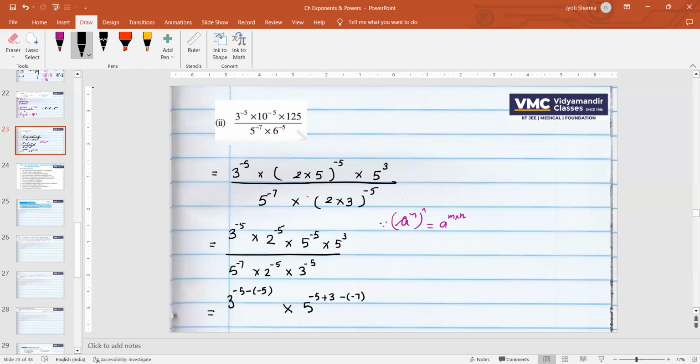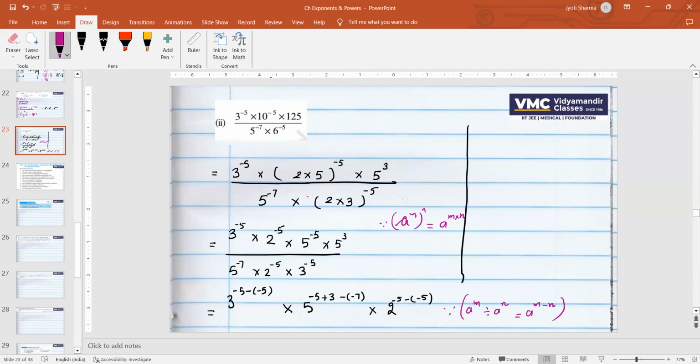This way it becomes 5 power positive, and the same goes for 2. 2 raised to the power minus 5, minus of minus 5. The law which I have applied here is that powers will subtract, because numerator and denominator divide each other.